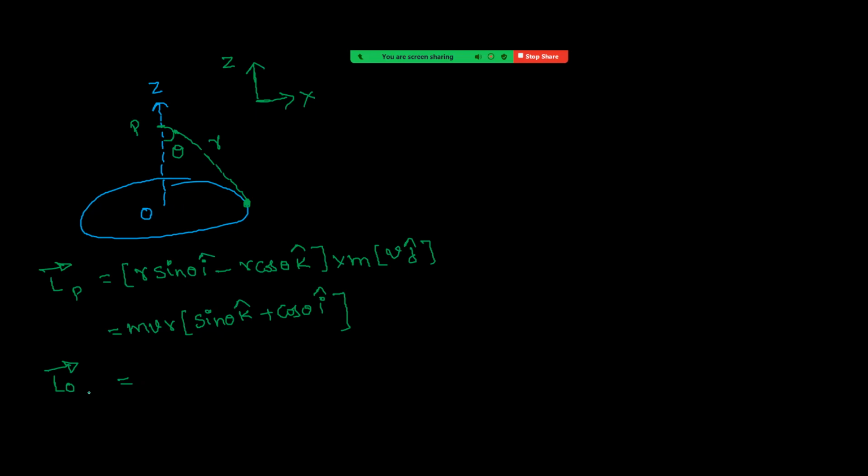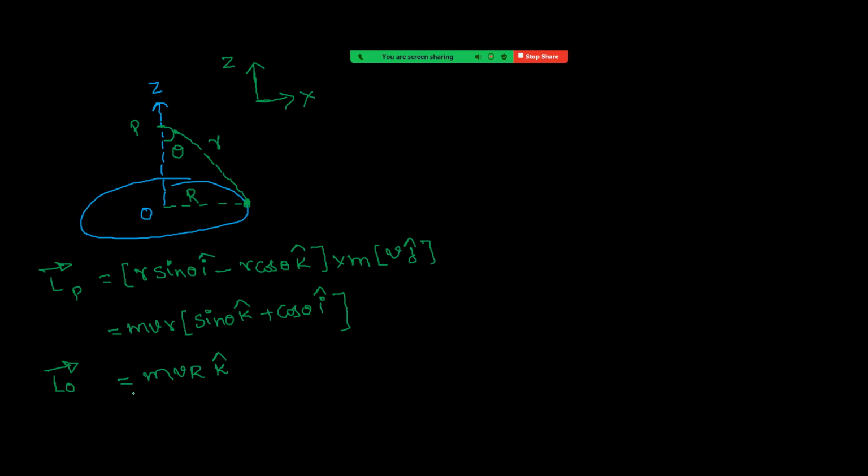That means about the center of the circle it becomes m v R k cap, where R is the radius of the circle. M, V, R and k cap are all constant. So the angular momentum about the center of the circle is constant in magnitude as well as direction, meaning it does not change with time.